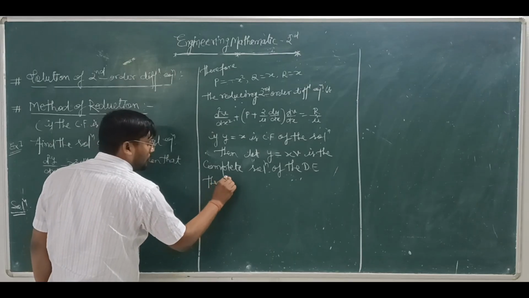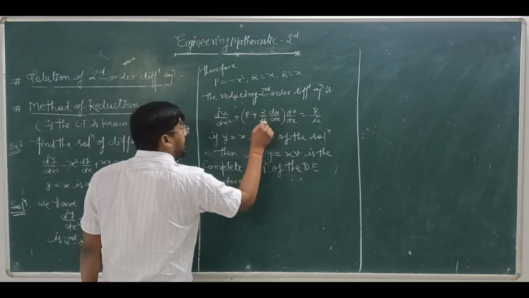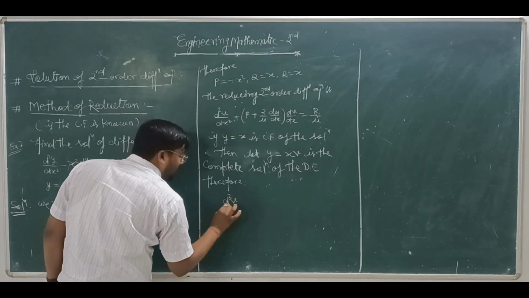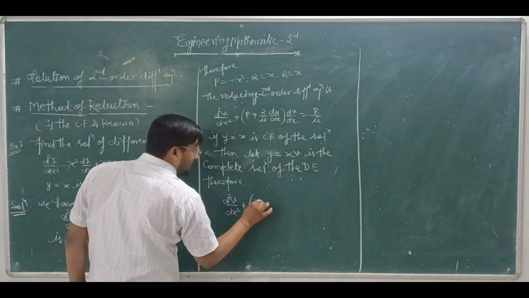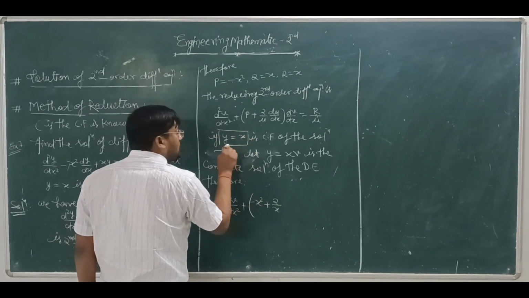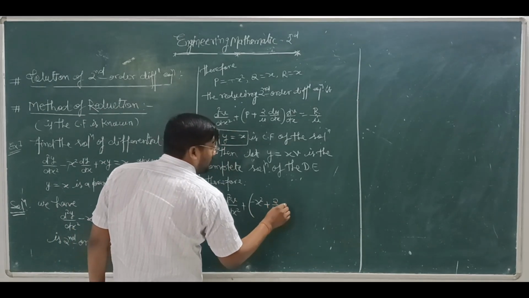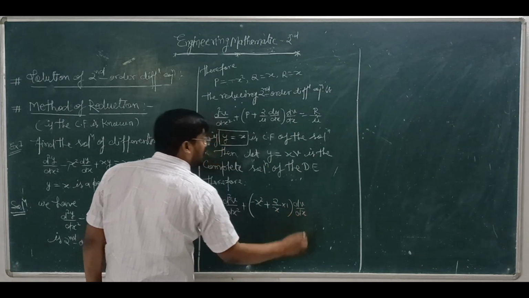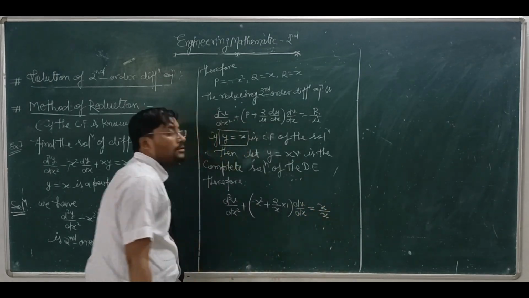Therefore, put the values of p and u, you can write d2v of dx2 plus, put the value of p, this means minus x square plus 2 upon x into the differential of this function, this means du of dx, you can write 1, into dv of dx is equal to r, this means x, and u, this means x.